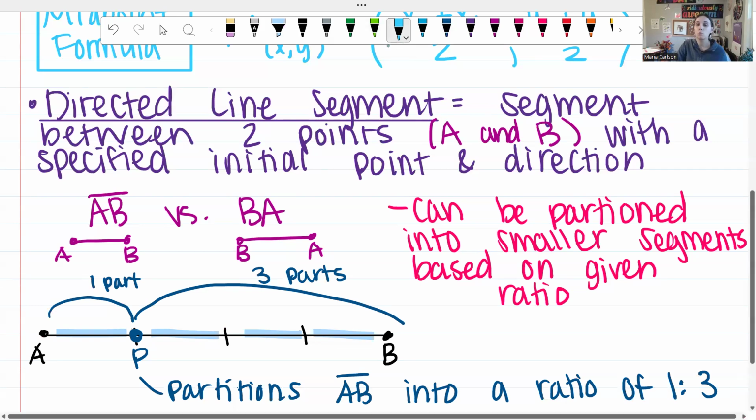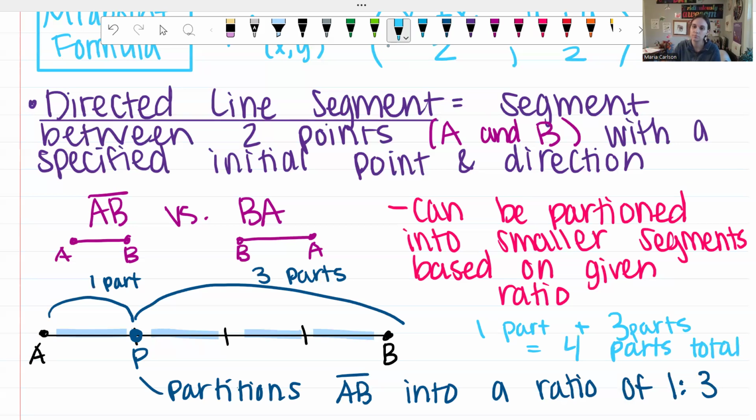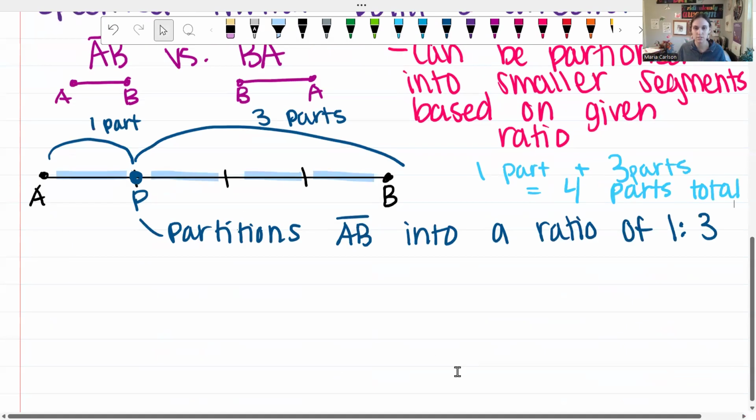So I have 1 part plus 3 parts on the other side for a total of 4 parts altogether. That's a secret piece that is unlocked. You can break it up into a certain number of parts, and then the total is what you get if you add up your total number of parts.